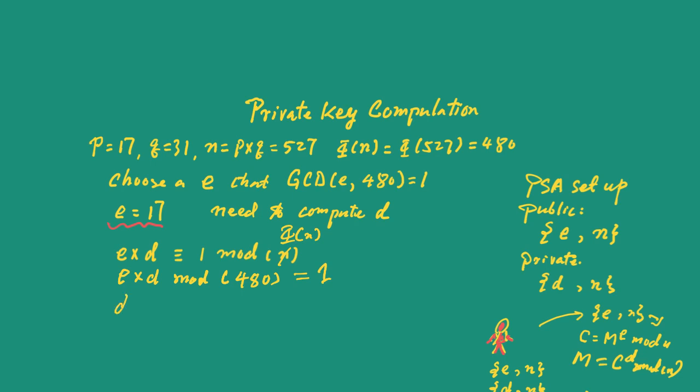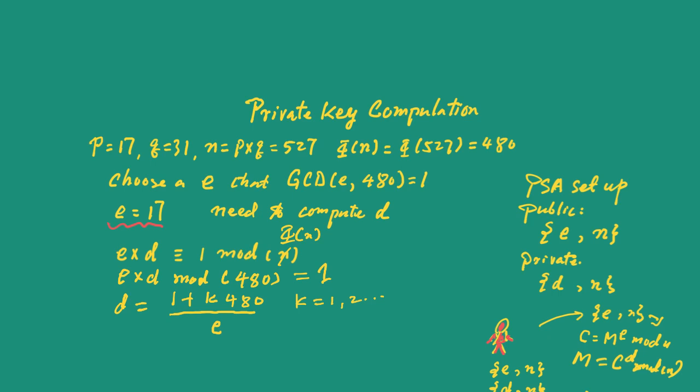You see, D equals 1 plus some number K times 480, divided by E, where K is some integer like 1, 2, and so on. You see if that gives an integer; if you get an integer, then you solve the problem.